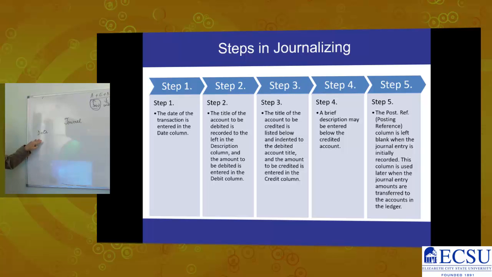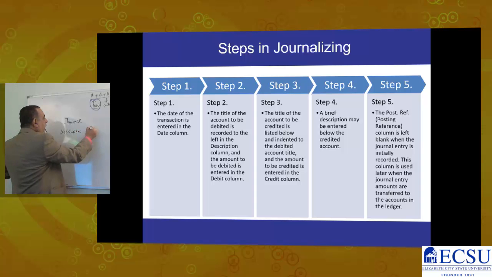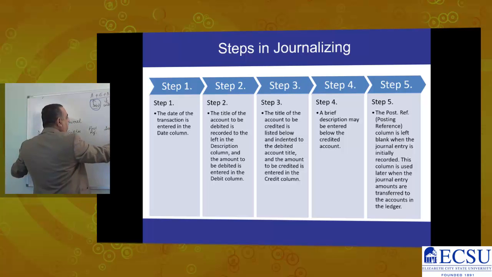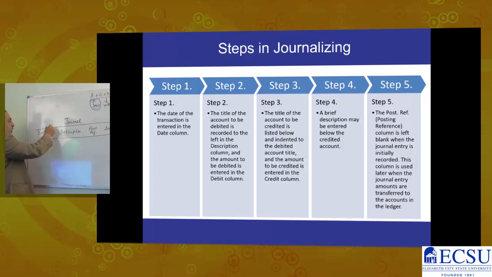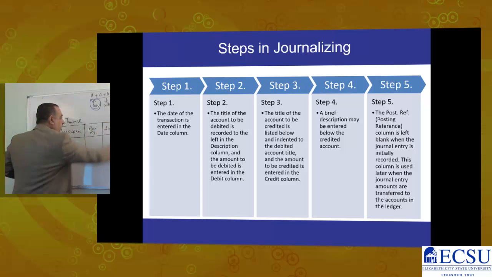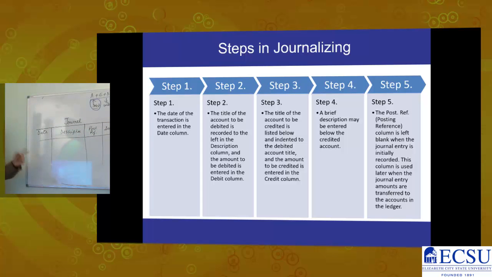The second step is the title of the account to be debited is recorded in the description column, and the amount is recorded in the amount column. So I will have a description column, a posting reference column, and a debit and a credit column. These are the different columns that you will have in a journal. All right, so that is step number 2.